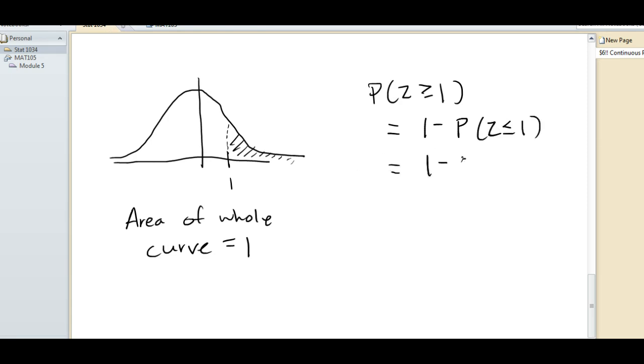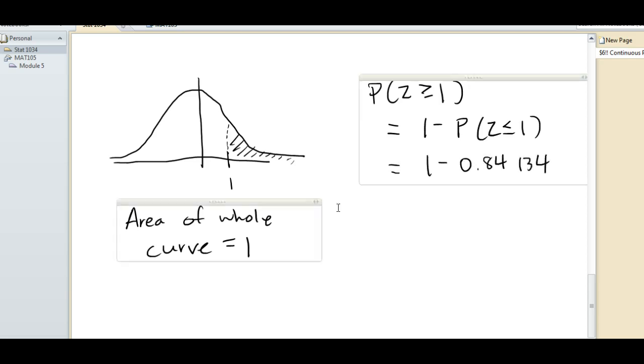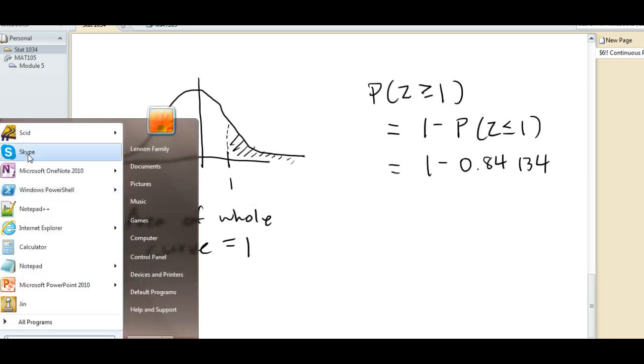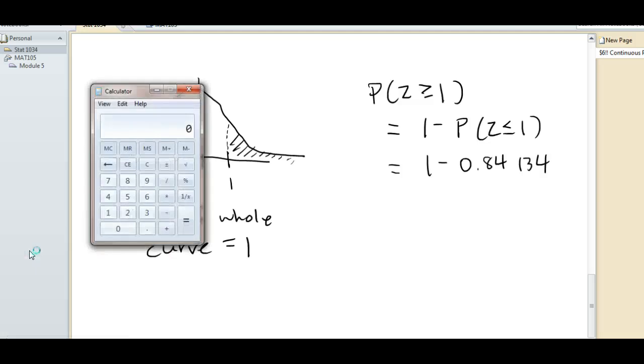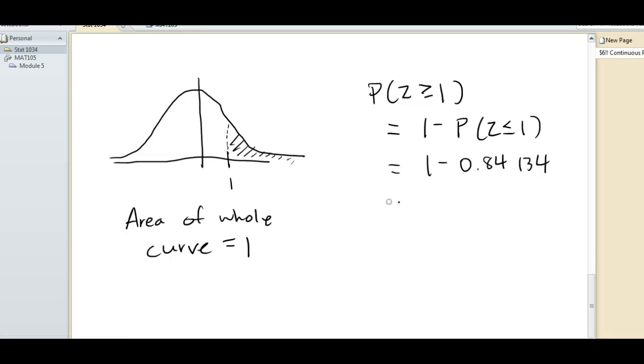So this would be 1 minus 0.84134. And then we might use a regular calculator to figure that out. 1 minus 0.84134 gives 0.15866.